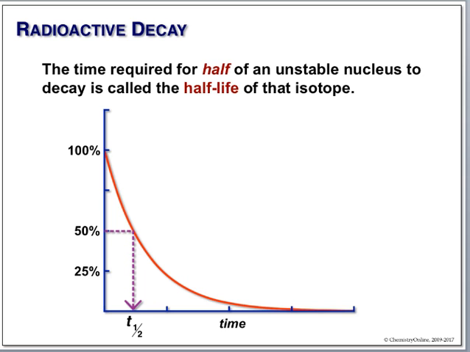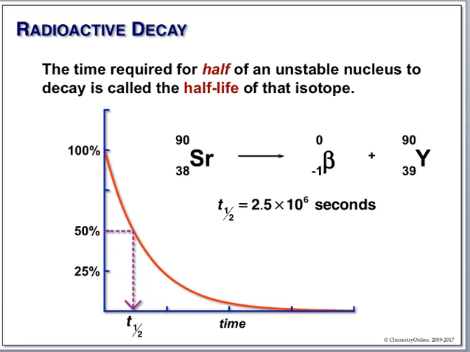If you start off with 100% of something, the time that it takes to drop to half of that is defined as a half-life. Radioactive decay follows this type of curve. The half-life, again, is when you go from whatever you start with to only half of it. Look at strontium-90.